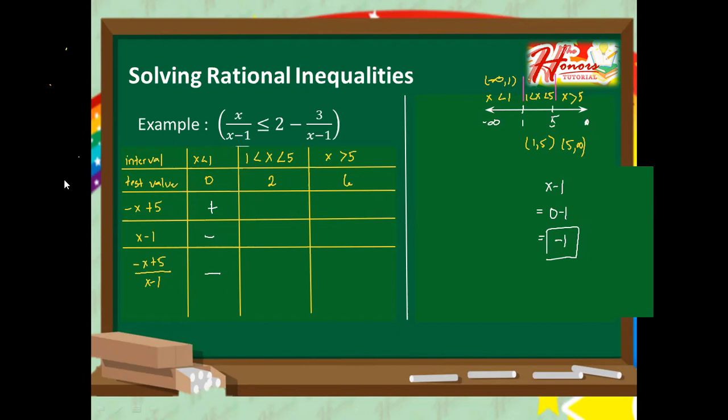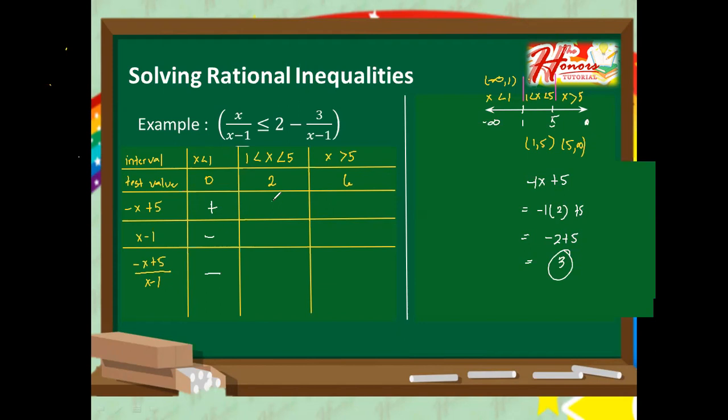Next, let's have the test value, which is positive 2. So we have negative x plus 5, which is negative 1 times 2, the test value, plus 5. So that is negative 2 plus 5, so that is positive 3.